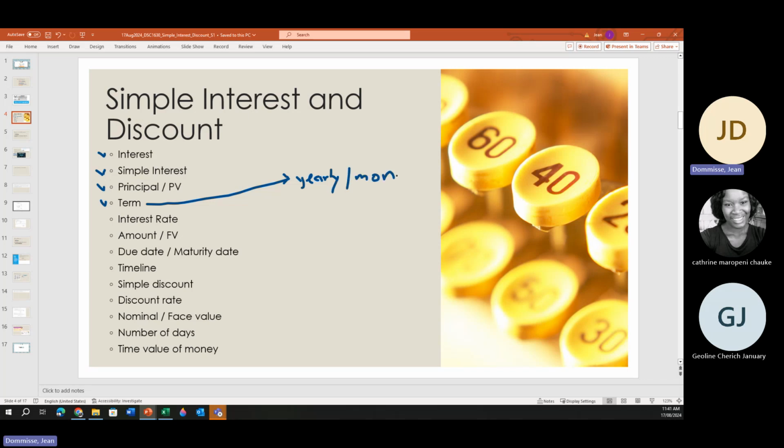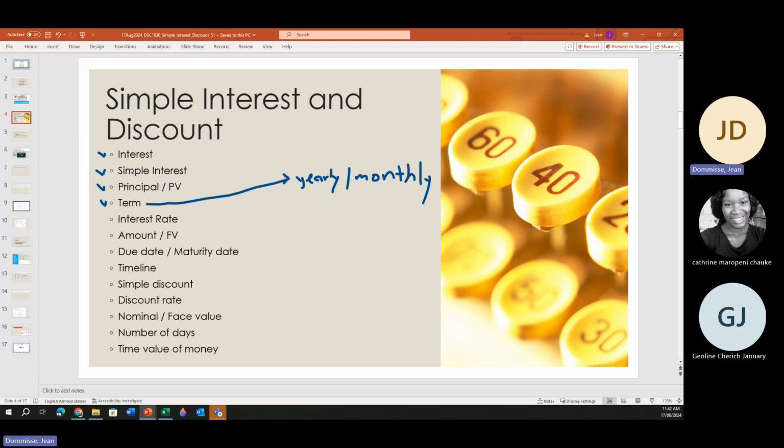So it all depends again on the question. They can tell you you invest it yearly for 4 years, or you're getting interest on a monthly basis for 4 years. So again, we will look at the term and decide, are we going to use that?